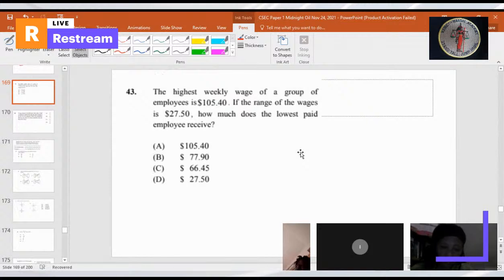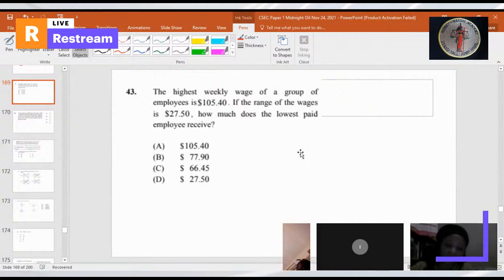Because they tell us the range, and the highest amount is $105.40. All right. So if they had wanted the range, we would have subtracted the lowest from the highest. But they gave us the range and want the lowest.